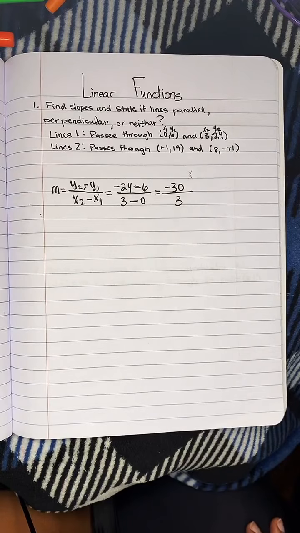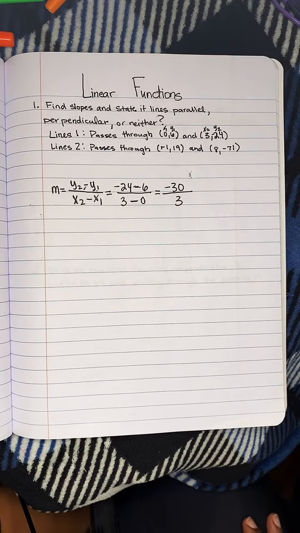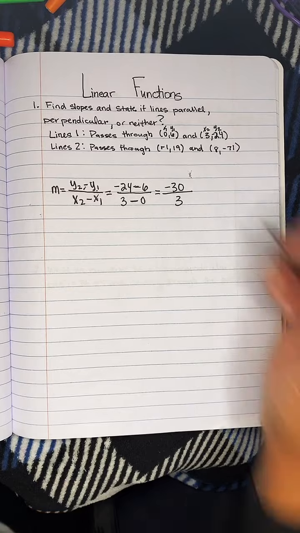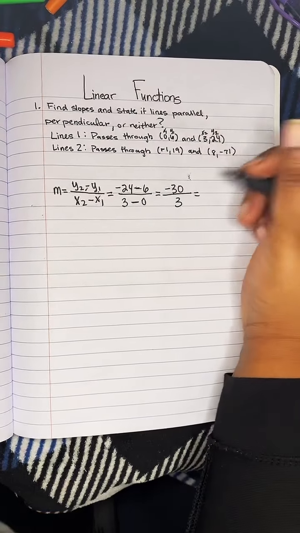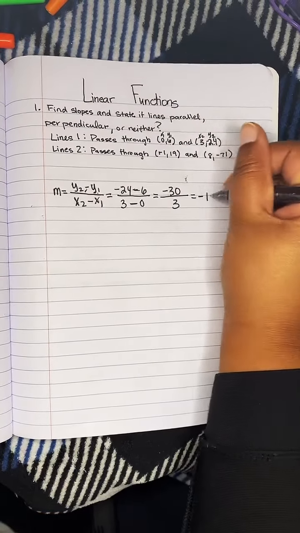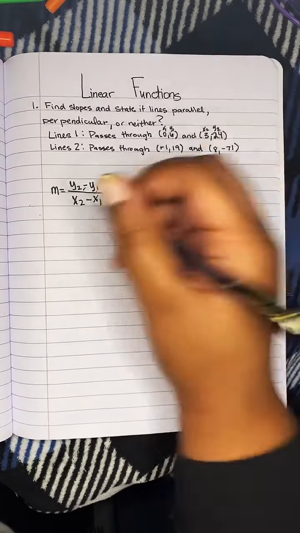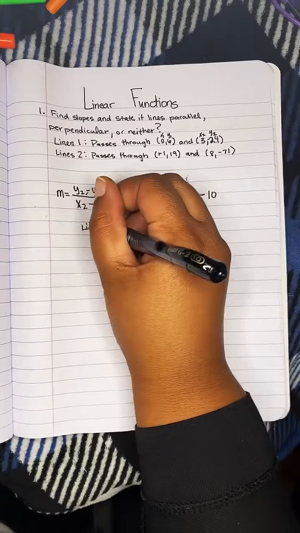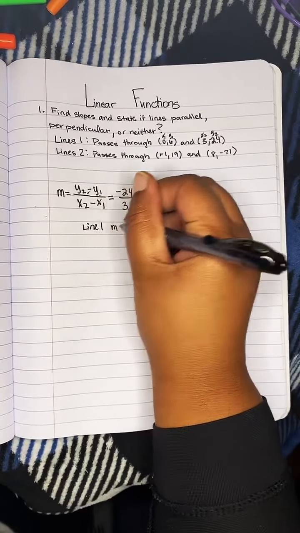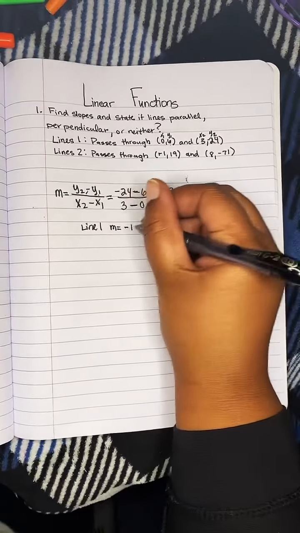Perfect. Leave said negative 10 is the answer. Thank you, Denise, for the roses. So we get negative 30 over 3, which is negative 10. So that's our slope for line 1. Line 1 has m equals negative 10.